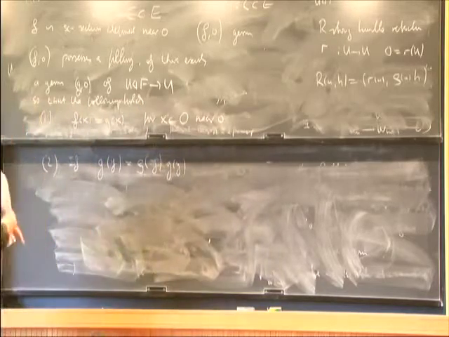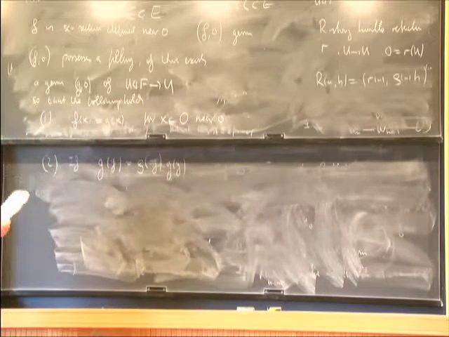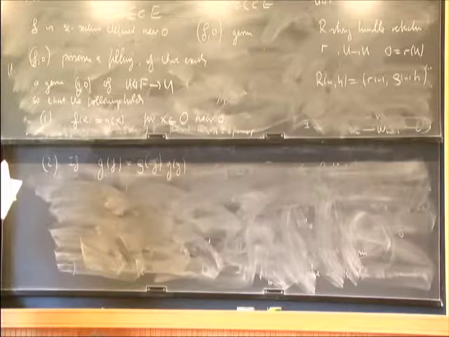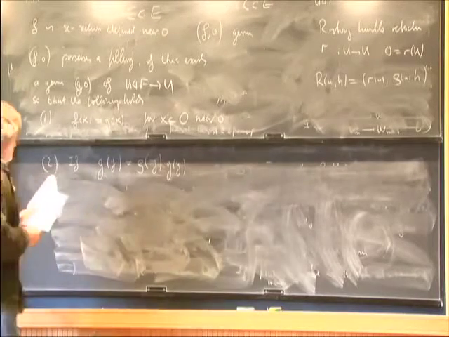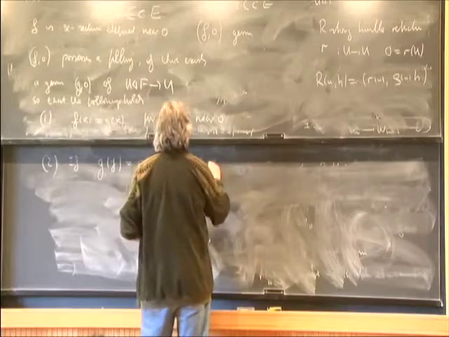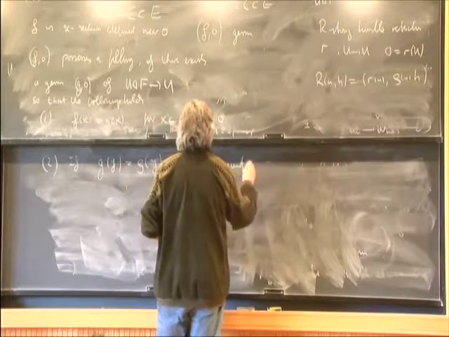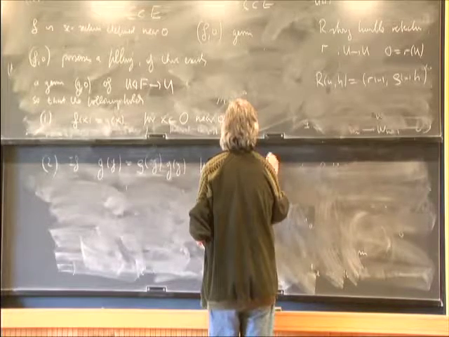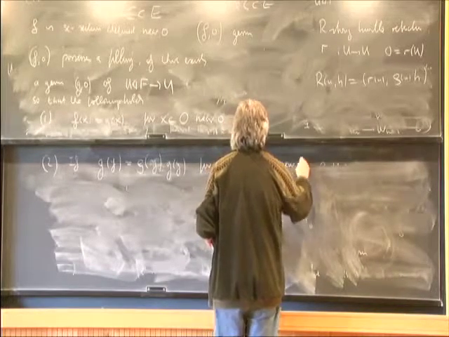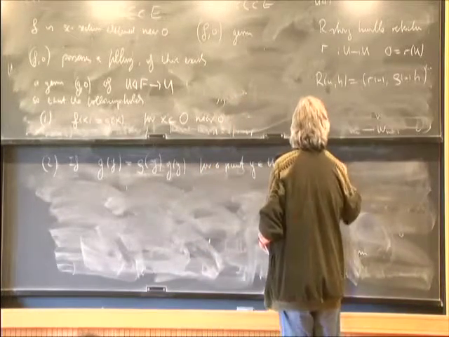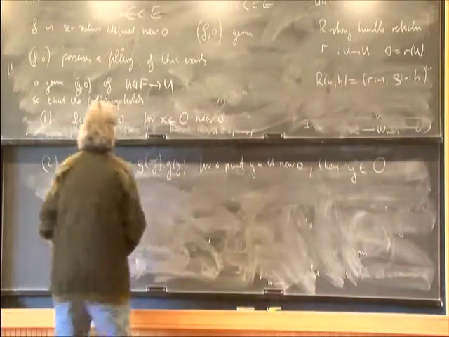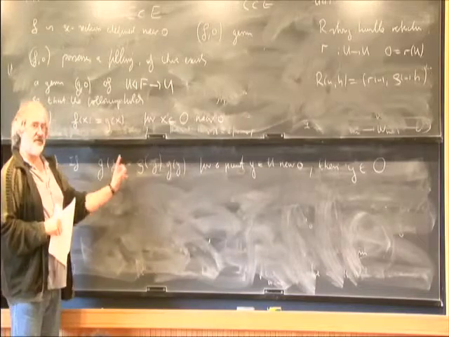So what this means is, for a point y in U near 0, then y is in O. So what is this condition here?